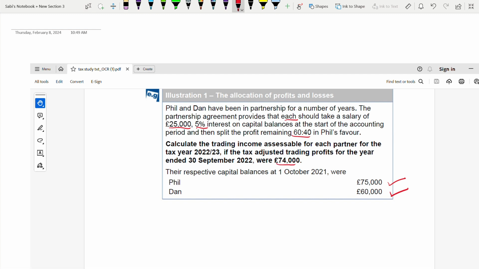Now you need to calculate the trading income assessable for each partner for the tax year. So let's do that. You need 4 columns: one for description, one for Bill, one for Dan, and one for total.